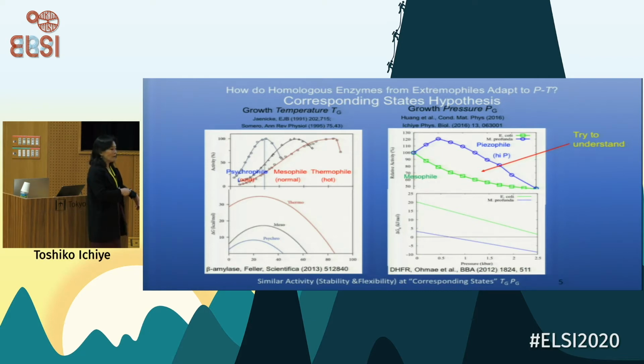Actually, the cold unfolding temperature for a psychrophile is higher than that of a thermophile. So it's backwards from what you might expect. And the reason is that in order to become thermophilic, you have to be more stable.